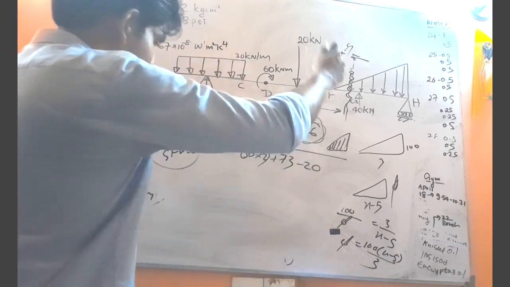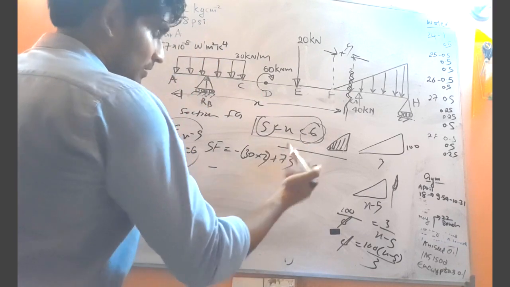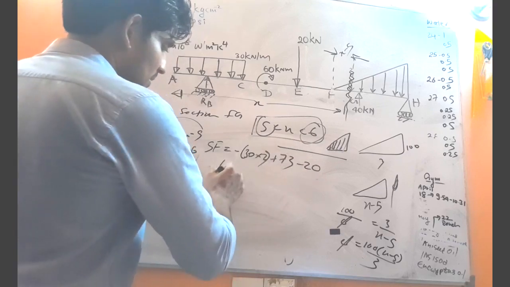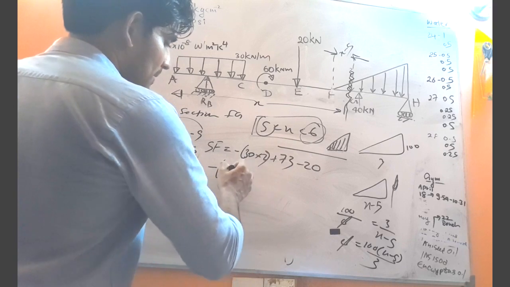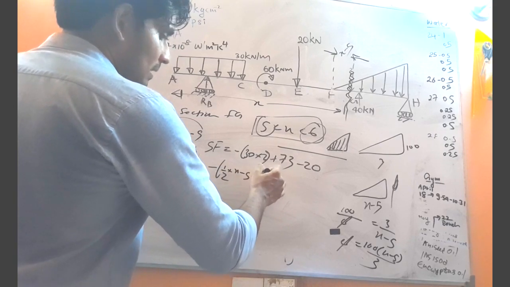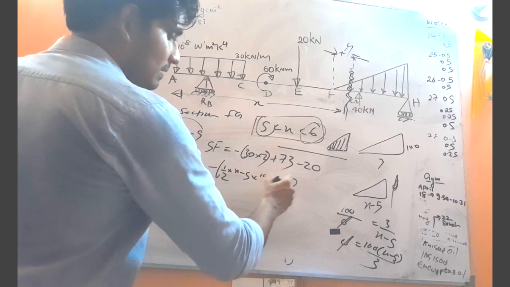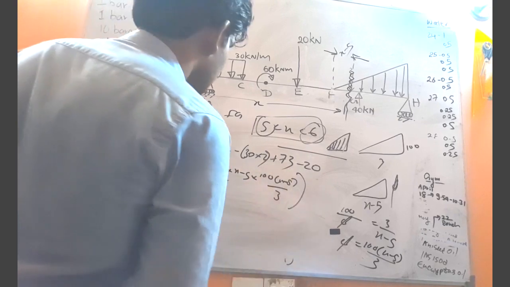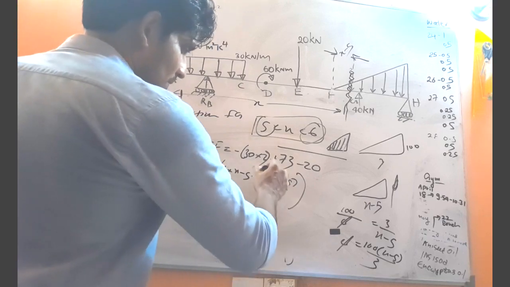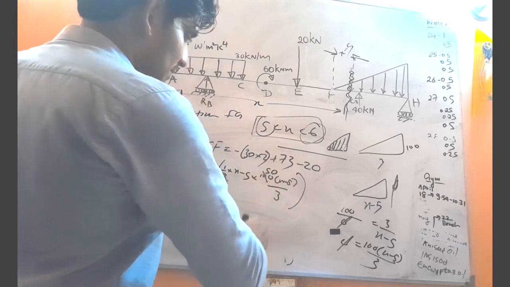But here it is going down, so it is negative; you have to get the area. Previously also we have done something like that. So minus half into base x minus 5 into height. Now what is the height? 100 into x minus 5 divided by 3. So that is 50 divided by 3, x minus 5 squared.